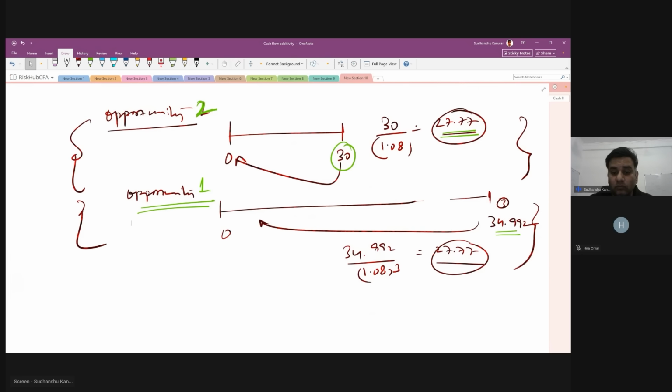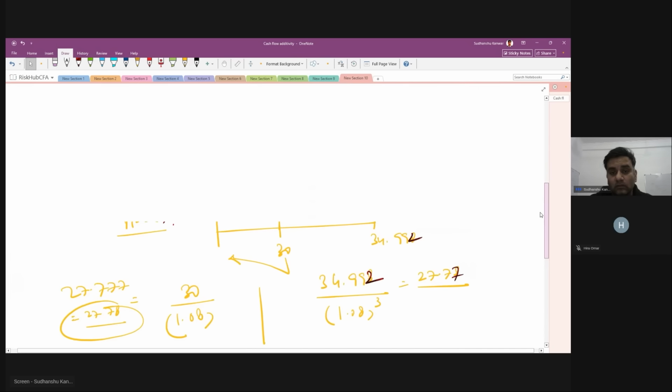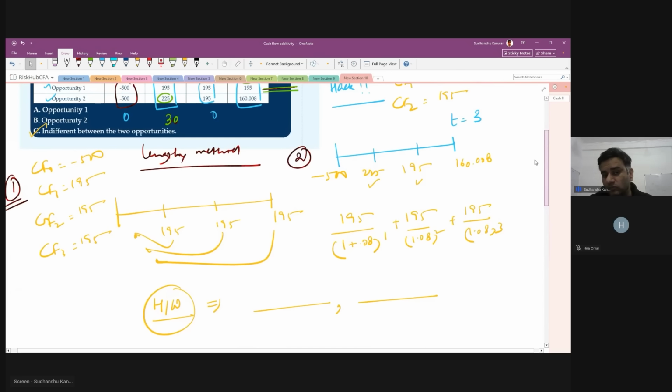But again, there are two hacks here, both ways. This longer way you can also do it, I'm not denying it. Generally people do it like this because hacks people don't remember, right? Generally people follow this method. That is also totally fine, but it's just a time consuming way, right?